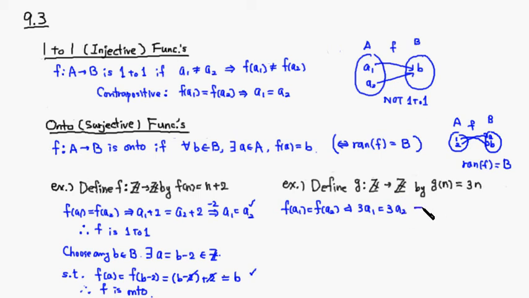So we can just divide through by 3 to get a1 is equal to a2, right? So this tells you that f is one-to-one.